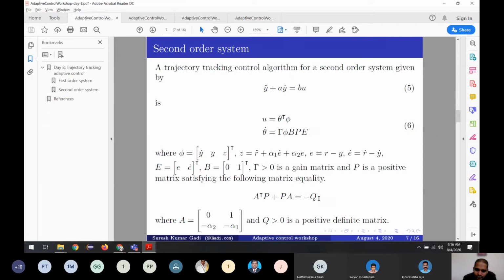Q should also be a positive definite matrix. If Q is positive definite, minus Q is negative definite. This is the derivative of the Lyapunov function. We will discuss this when we talk about the theoretical part. So for now, let us say we have to satisfy this condition.